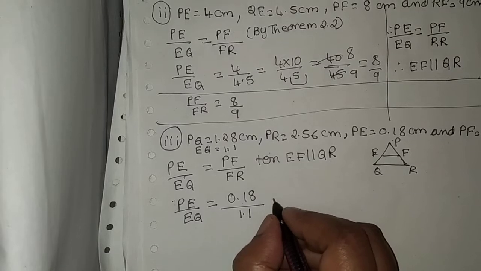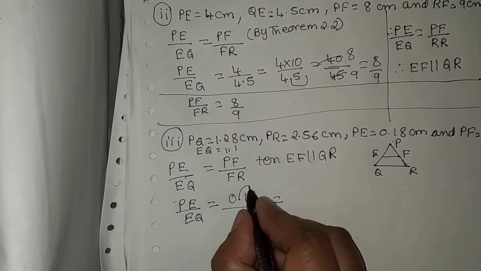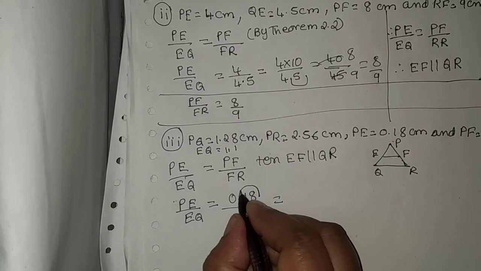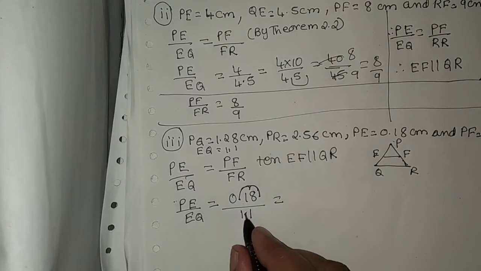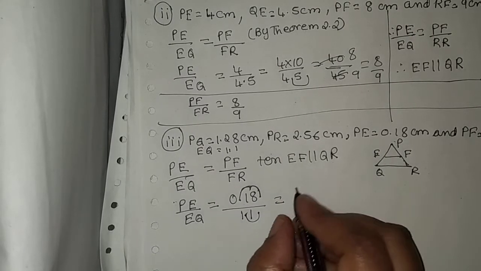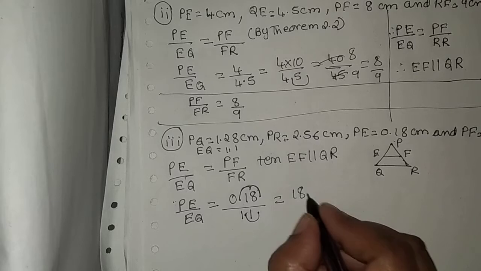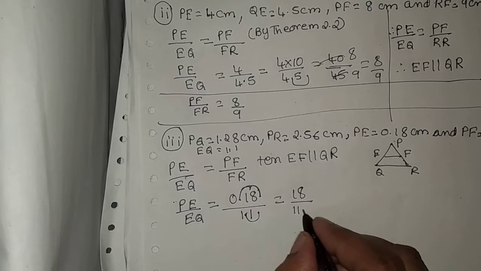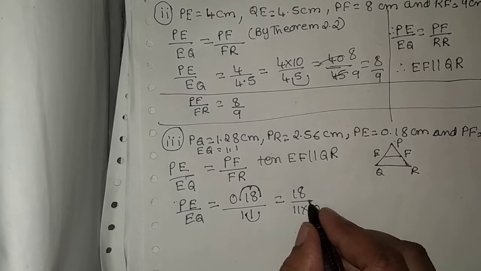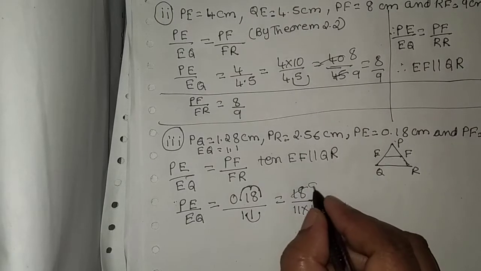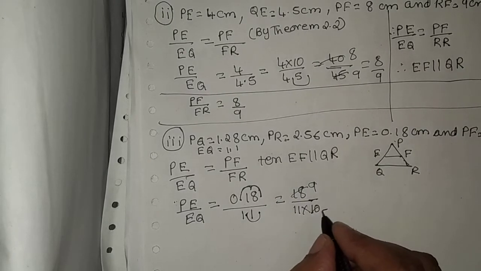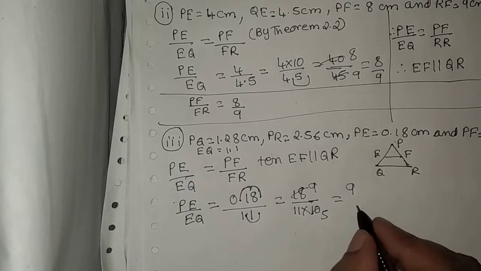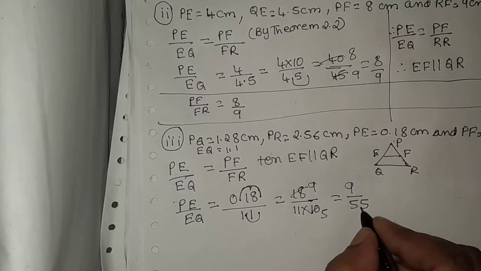Now we just move this to 2 decimal points, that is 1, 2, then this one to 1. Therefore it will become 18, and below in the denominator 11 into 10. So this one 9s are, then it is 5s are. Therefore we get 9 by 55.